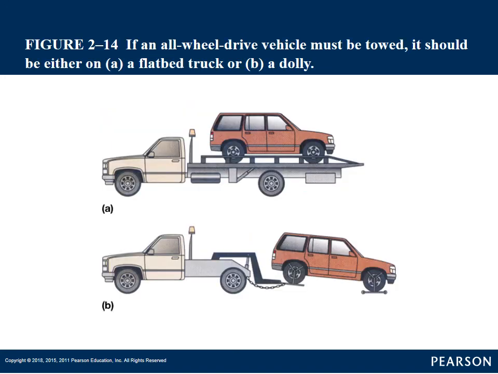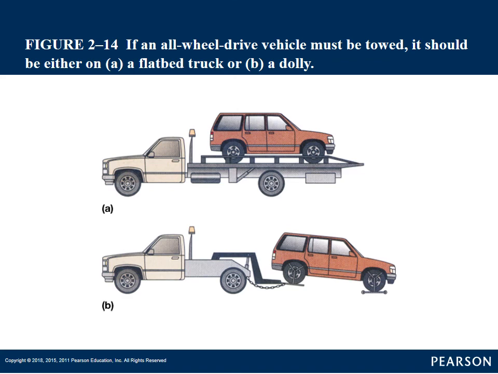Here's just a diagram. The one on top is supposed to be all-wheel drive, and they're putting it on a flatbed. The one on the bottom is rear-wheel drive, so they're, I guess both all-wheel drive, and they're putting dolly wheels on the front. If it was rear-wheel drive, maybe you'd lift up the back end and pull it from the front.